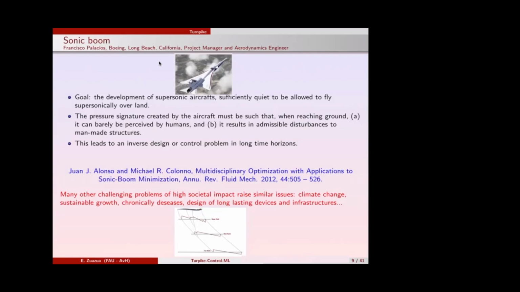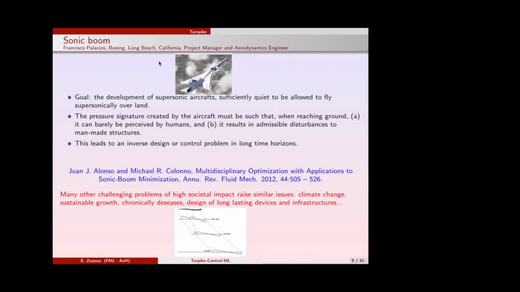Now, because the flight of this airplane occurs at a very high altitude, even when the shock is generated, it takes a while before it gets to the ground. So this means that the time horizon in this problem will be long.